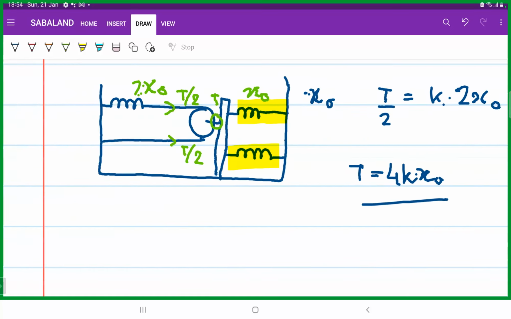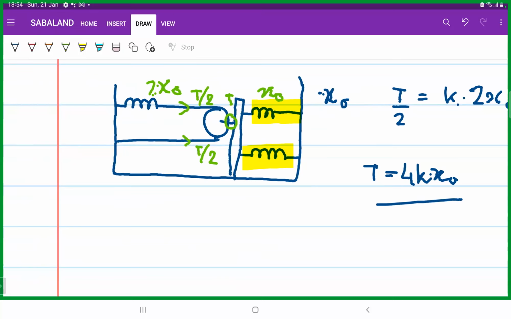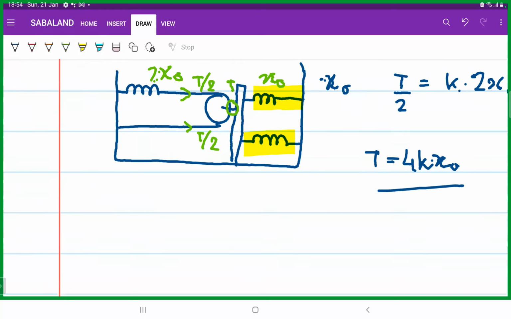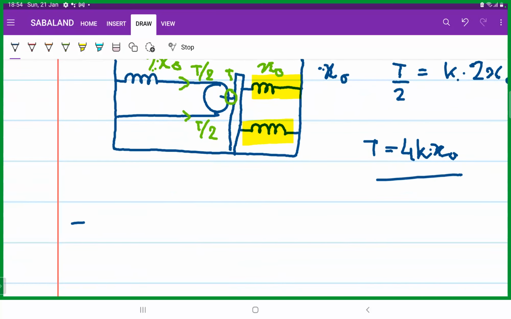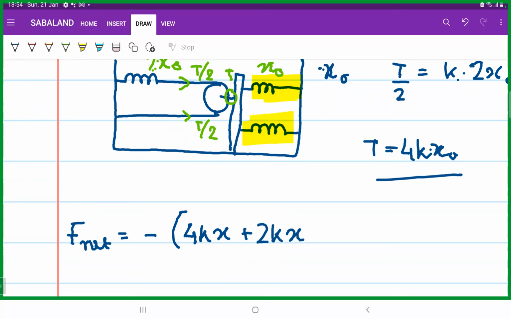All right. So when this body, this mass m, is moved towards the right, what happens is that the net force will become 4kx plus 2kx. The 2kx is because of these two springs over here.